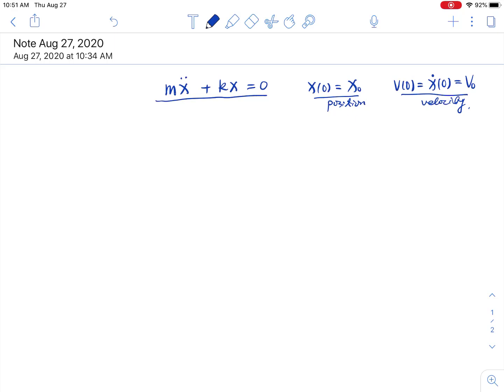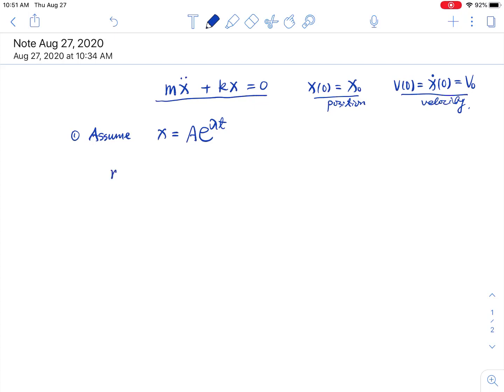So the first thing is we assume a general solution. We assume that your solution x is in this format, e^(λt), okay? And then based on this assumption, we can plug this x back into the original equation.